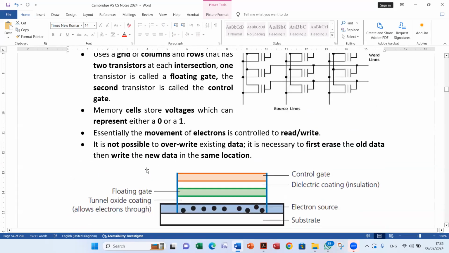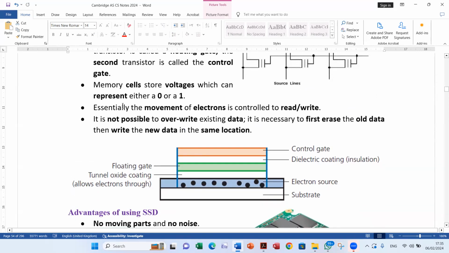The memory cell stores voltage, which can be set to either 0 or 1. Essentially, the movement of electrons is controlled to read and write. It is not possible to overwrite existing data. It is necessary to first erase the old data, then write the new data in the same location.